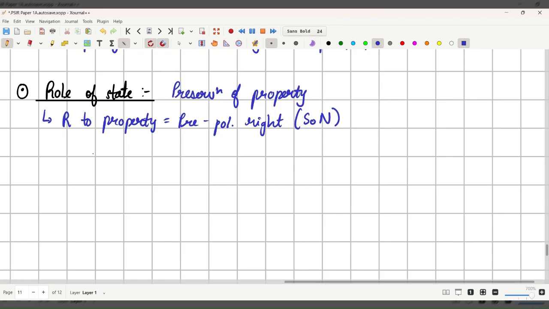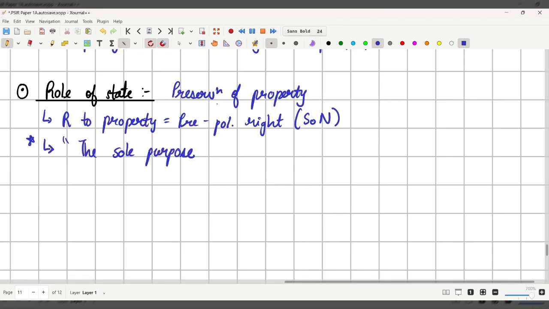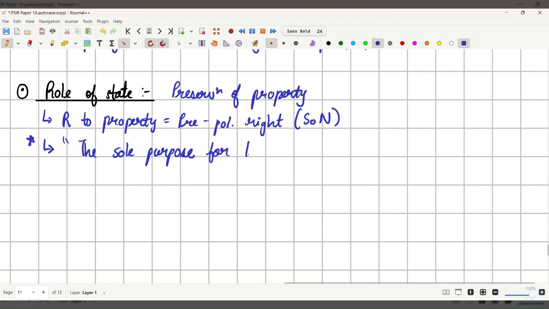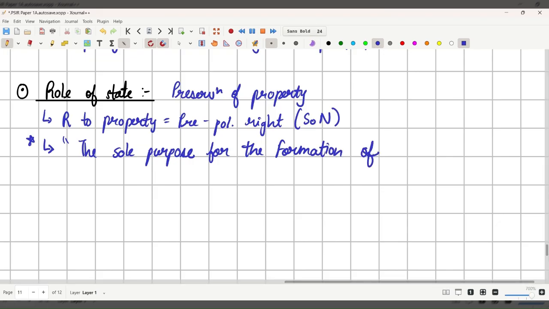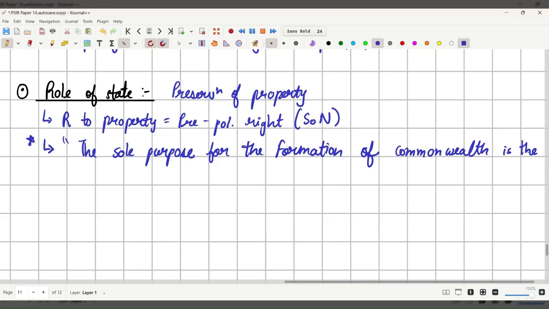So basically, Locke also says that the sole purpose for the formation of a commonwealth is the protection of property.